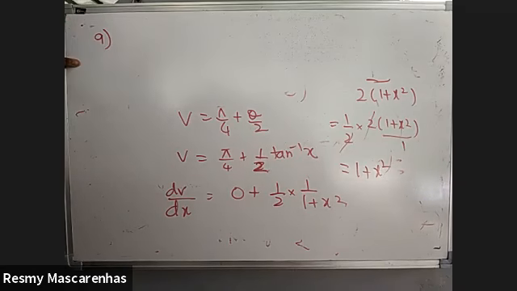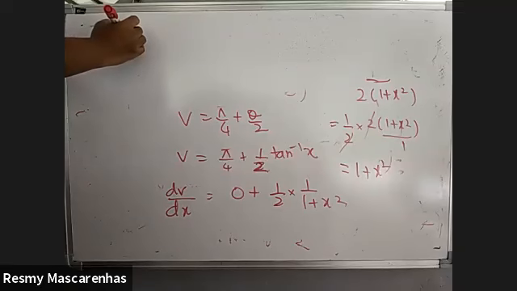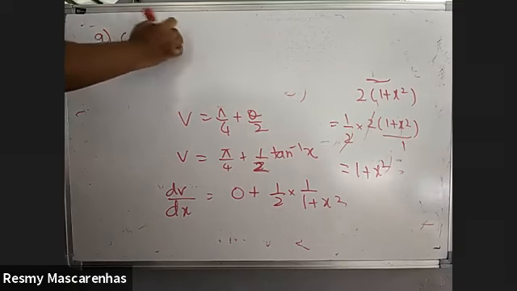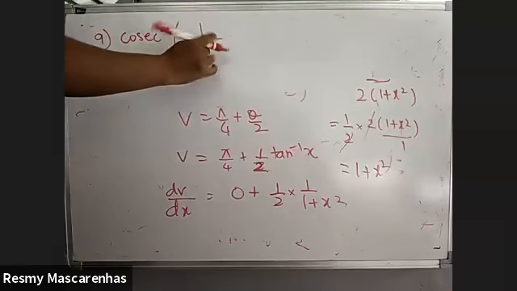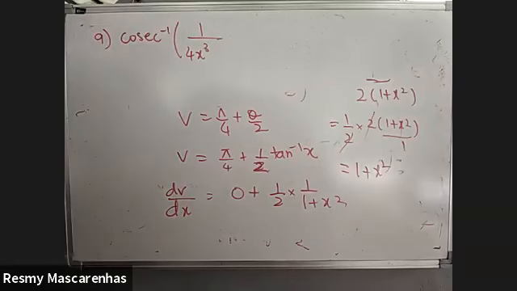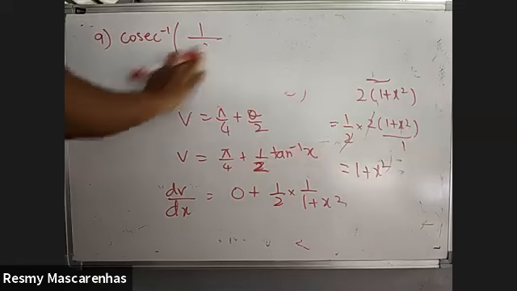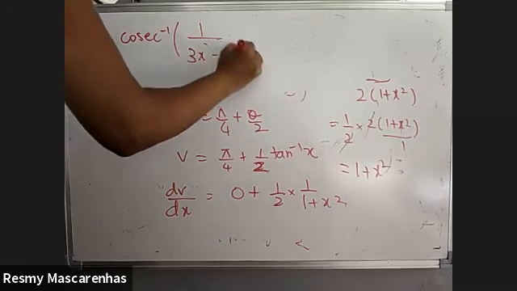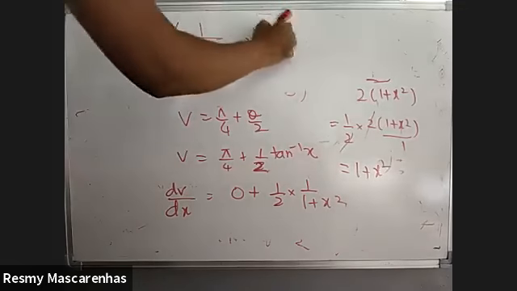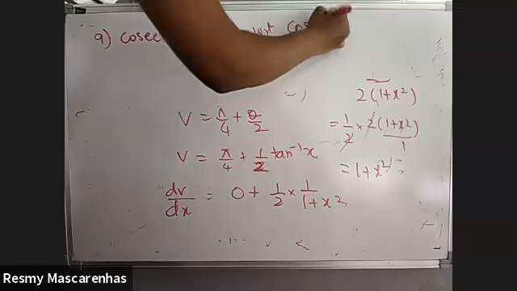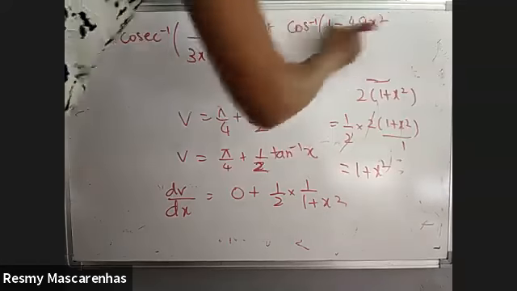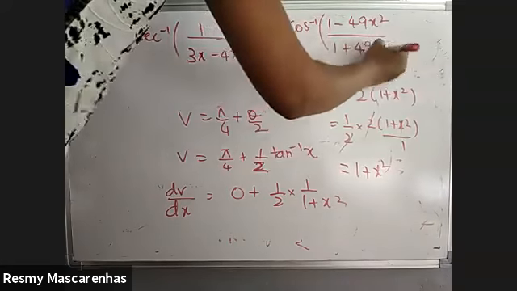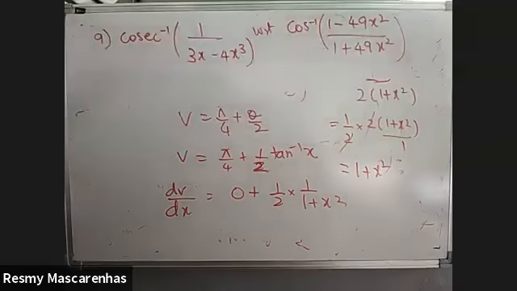Ninth one: cosec inverse of 3x, 4x cube with respect to cos inverse of 1 minus 49x square upon. Okay. I will tell you how to go ahead. First step only I'll tell, then later you can solve.